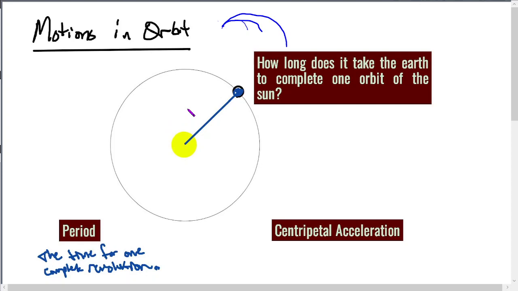That was how he originally theorized an orbit.